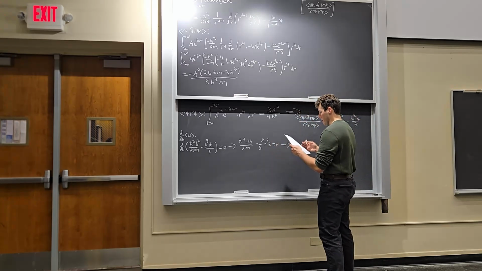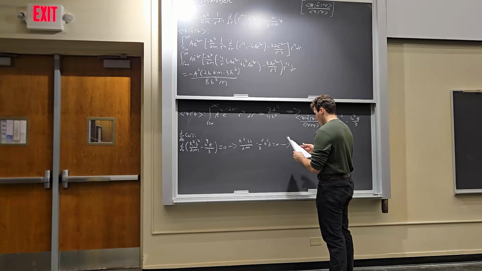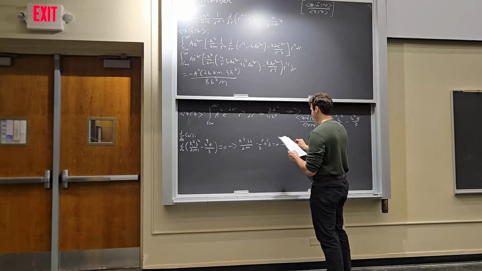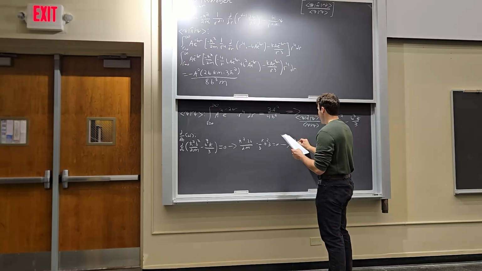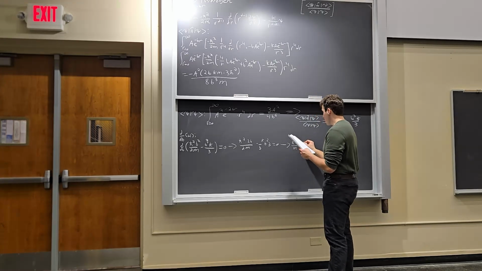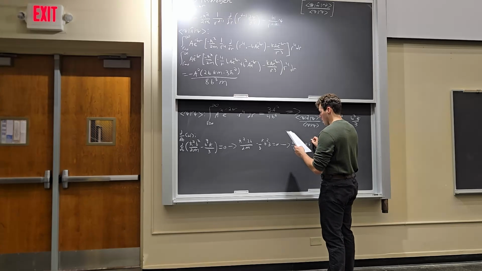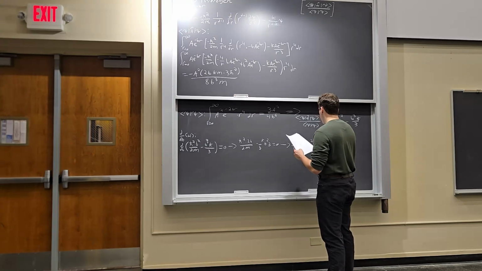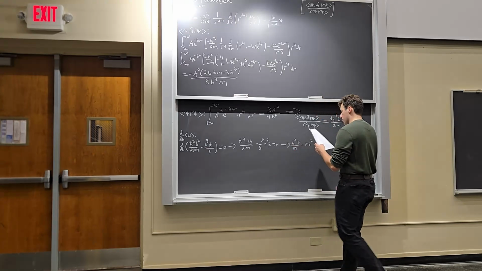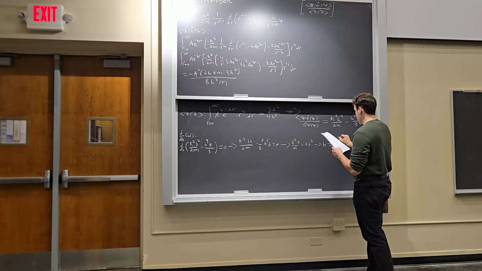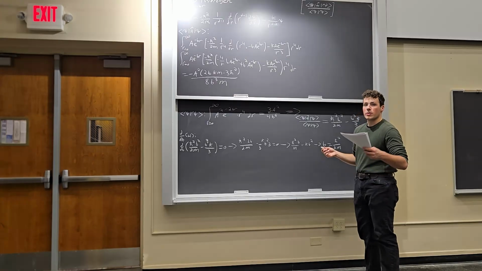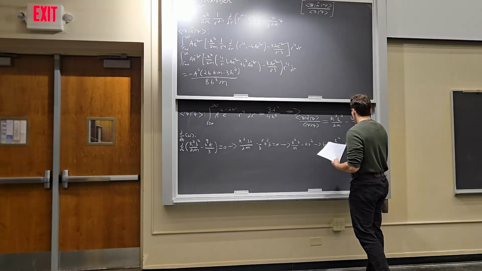We're going to end up getting, here in the handwriting, h bar squared b over m minus k b squared. So if we solve for b, we're going to get b is equal to h bar squared over km, or 0, which is going to be important in a minute.